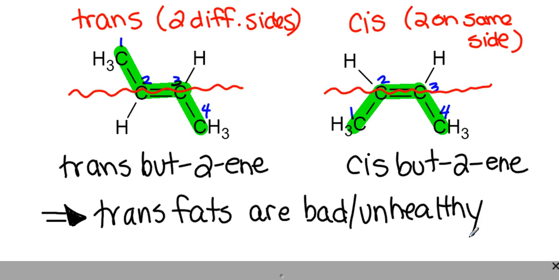So the name trans fats comes down to how the carbons are oriented around that double bond. Why does that happen? They take on properties of saturated fats.